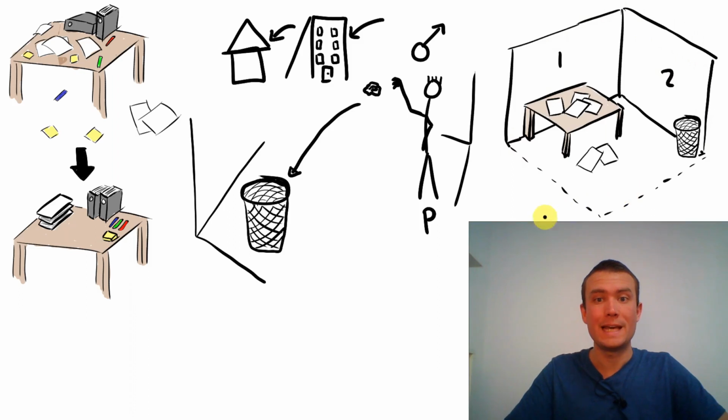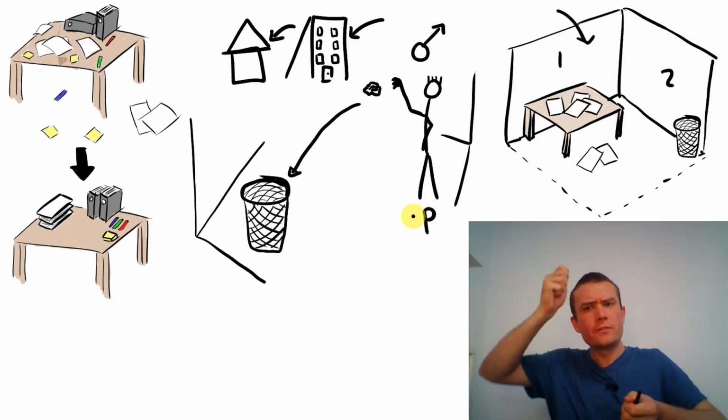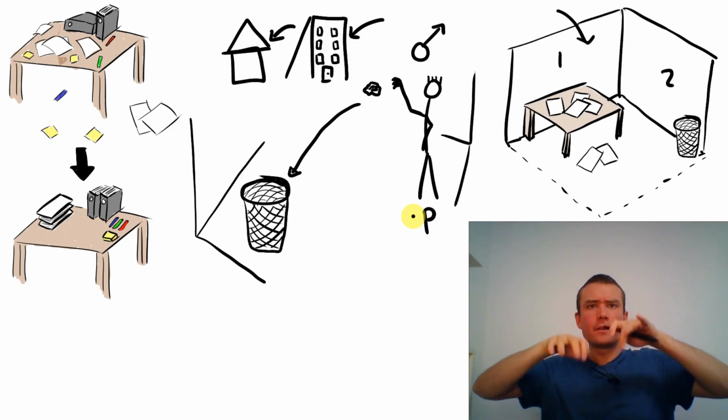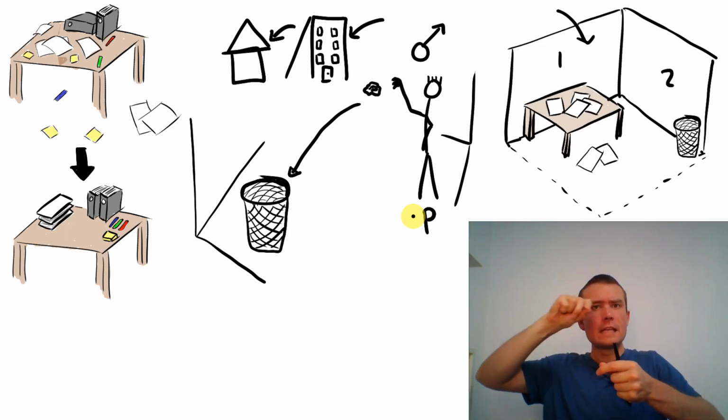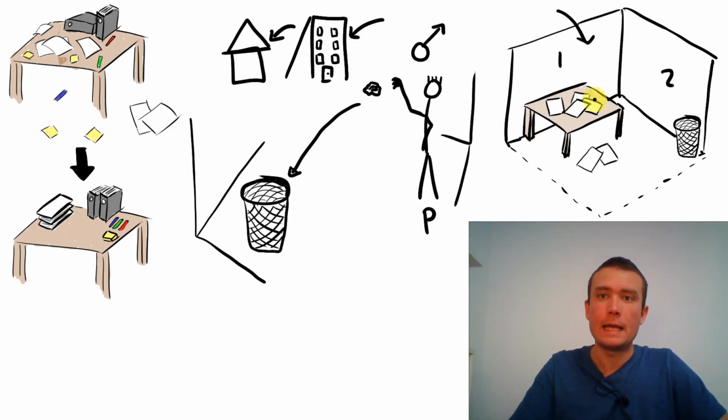This room is Philip's office. In his office, Philip works. He works. In his office, there's a desk.